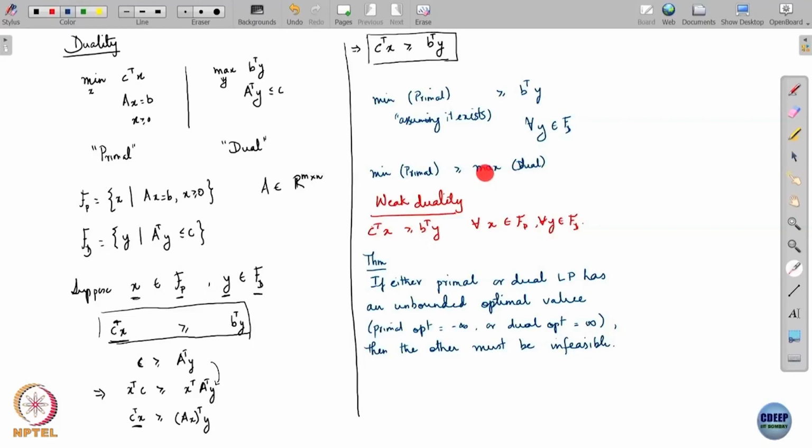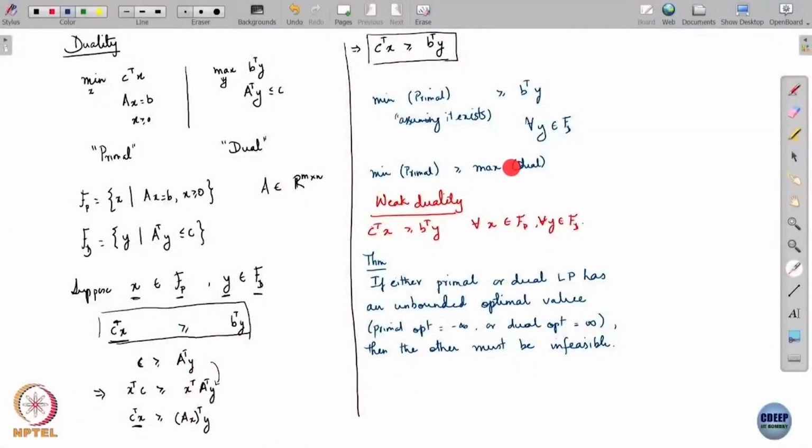In particular, it would be greater than or equal to the value of the dual for any y in FD. But a finite y would give you a finite value of B transpose y. There is no way that can be less than or equal to minus infinity. So, the contradiction is that there cannot be a single y that satisfies the constraints of the dual, which means the dual has to be infeasible. So, if the primal is unbounded, then the dual must be infeasible.